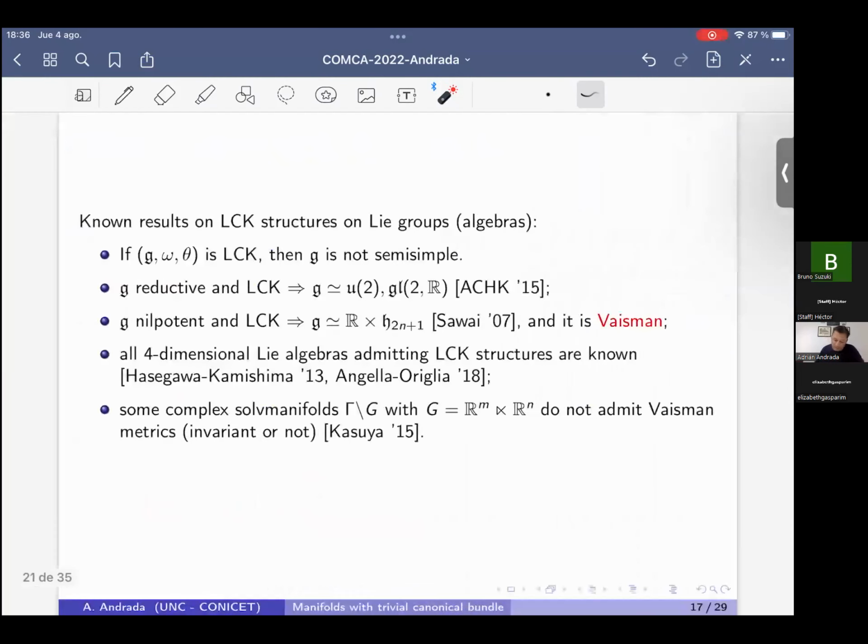There are some known results about this. For instance, if we have a Lie algebra which is LCK, then it cannot be semisimple. If it is reductive and LCK, then it only occurs in 4 dimensions, u(2) and gl(2,R). If it is nilpotent and LCK, there is only one possibility, R times the Heisenberg Lie algebra, and it is Vaisman.